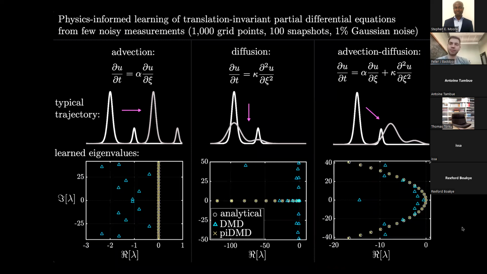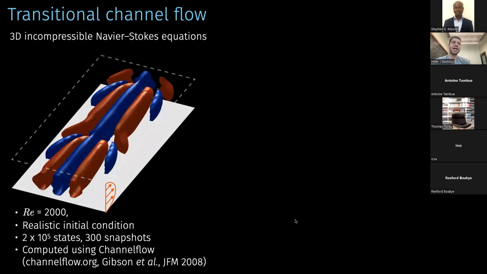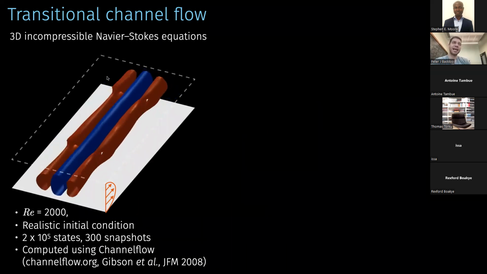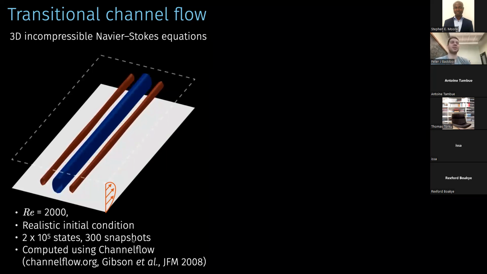We can do these same things with more complicated examples. Here we are plotting and simulating the three-dimensional Navier-Stokes equations, and we only have access to a few data measurements. This problem would be really intractable because there are many unknowns in the system, but only 300 snapshots.